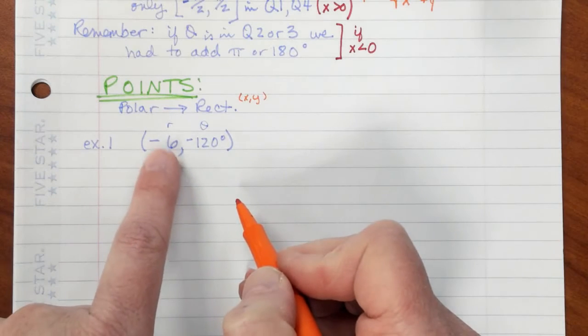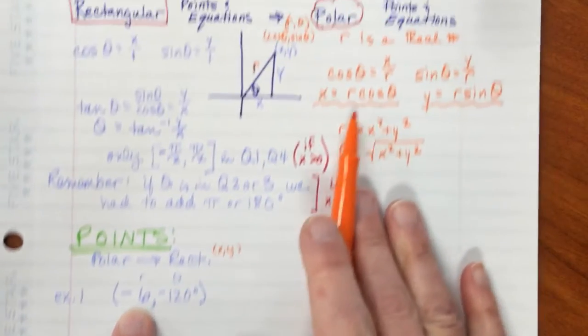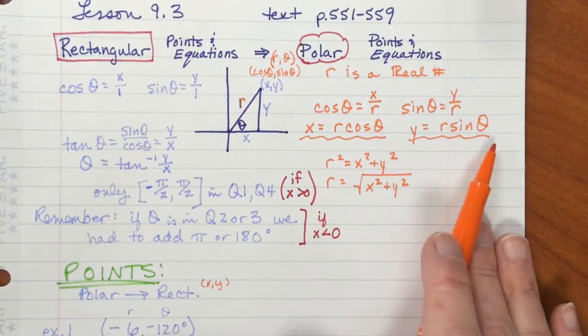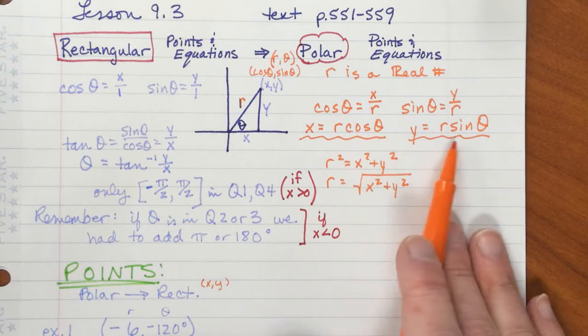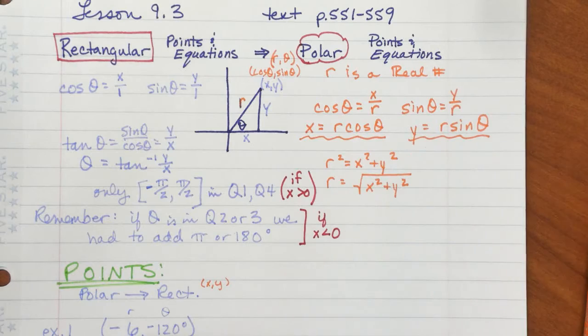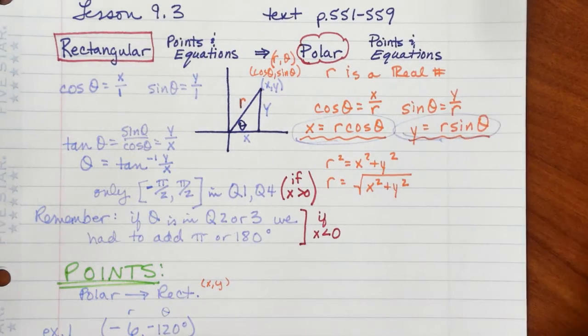You have a substitution that uses the x and the y with the r and the theta. And you have an r and you have a theta now, so you're going to plug them into these equations. These are very, very important equations to remember.